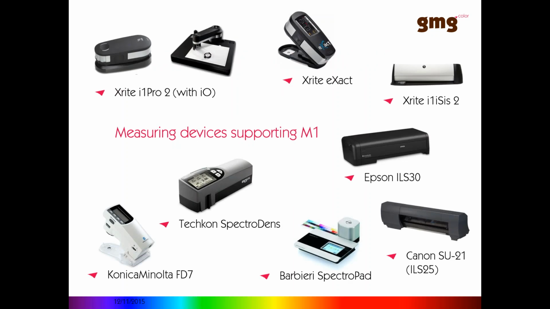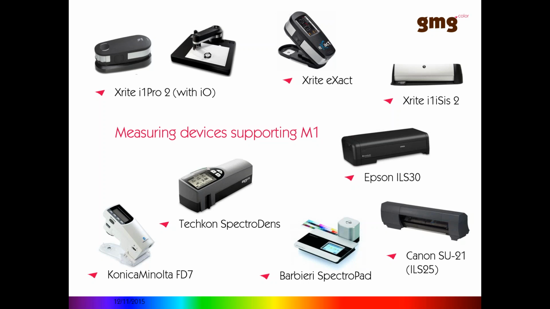There are already a whole bunch of measuring devices on the market supporting this new measurement mode M1. We listed them here. Several X-Rite devices, Epson embedded devices, Canon embedded devices as well, so the printer-embedded spectrophotometers, SpectroDance, Konica Minolta for the printers.